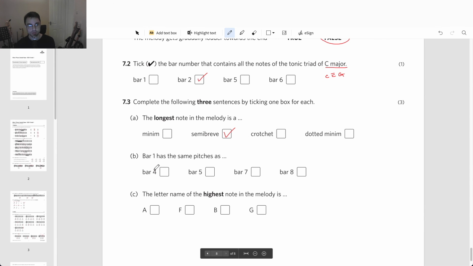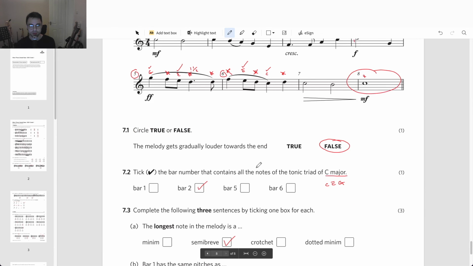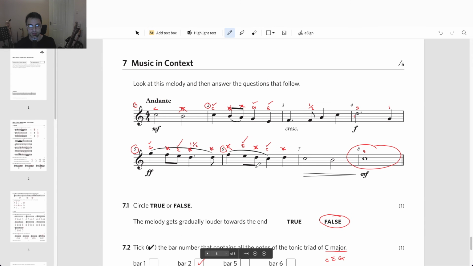All right, question B. Bar 1 has the same pitches as bar 4, bar 5, bar 7, bar 8. What are the pitches in this bar?